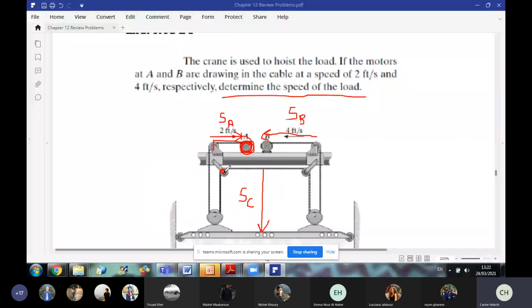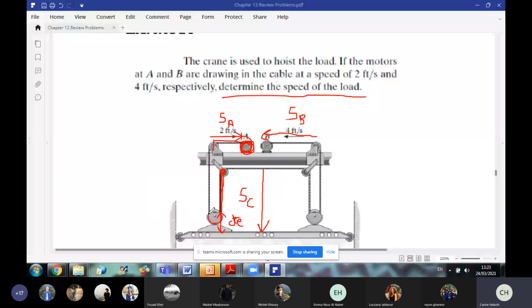Let us follow the cord. When moving from this point to this one, this length here is equal to SC minus a constant, because from here to here I have a certain constant. As usual, I will lump all constants in one term. So from here to here, it's SC.